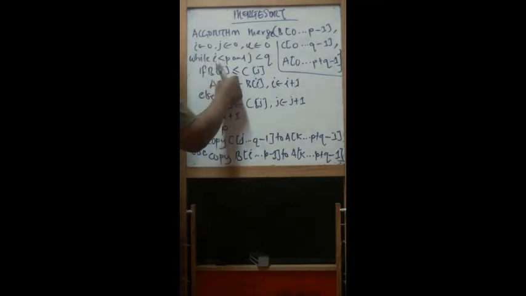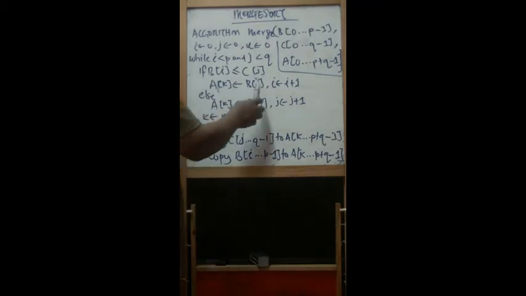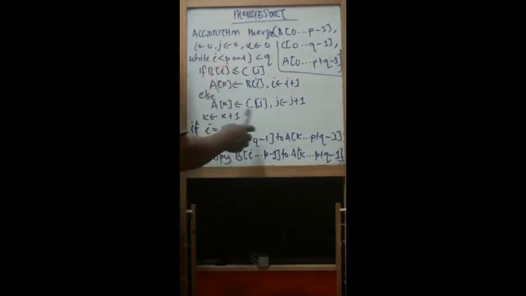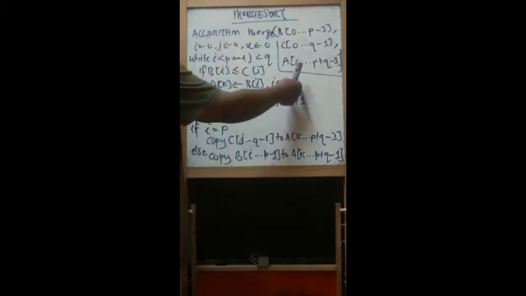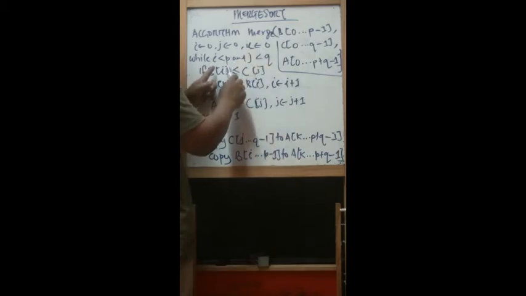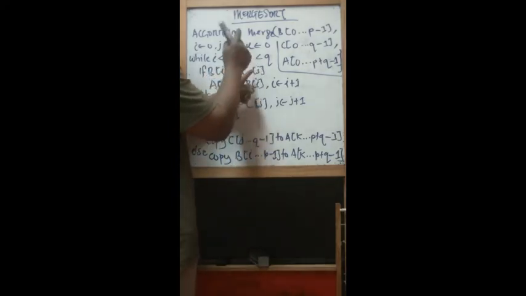If B[i] is less than or equal to C[j], we assign B[i] into A[k], the main array, where k starts at 0. Then we increase i by 1 and go to the second index, index 1, compared to j, which is 0.